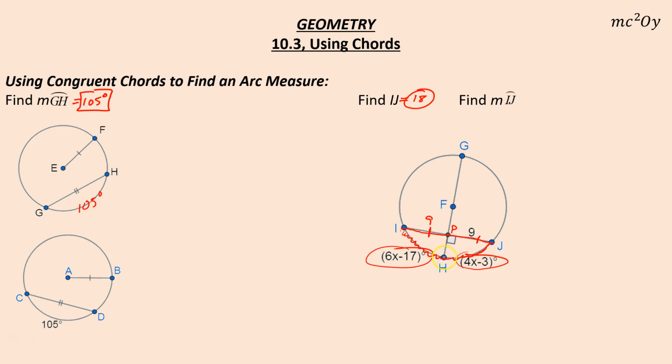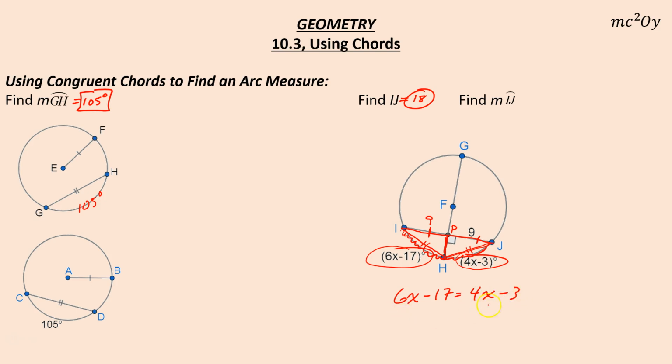All right? And one way to think about that is if you were to draw a chord here, this length would have to be the same as this length because 9 and 9 are the same. This is the same by reflexive property. So the Pythagorean theorem shows that this chord is equal to that chord, meaning their arcs are also congruent. So 6x minus 17 is equal to 4x minus 3.